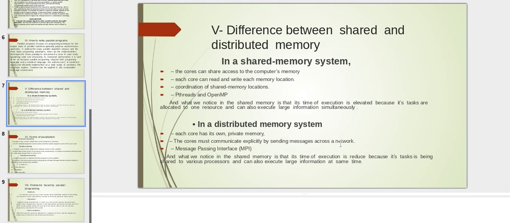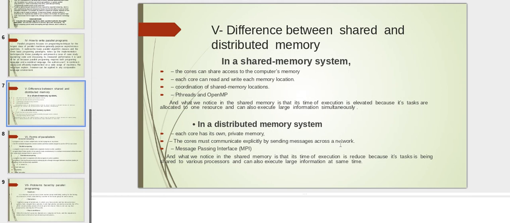In conclusion, a shared memory is not really the best, but can perform some tasks more easily.